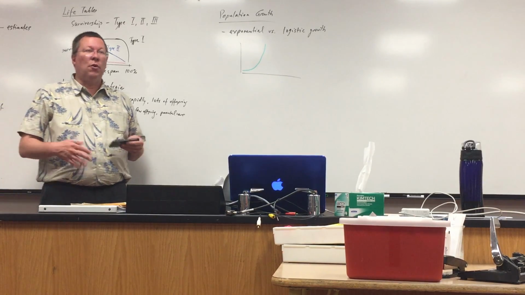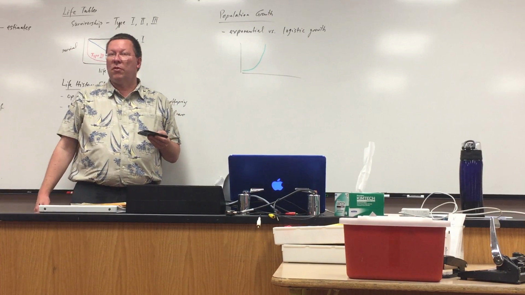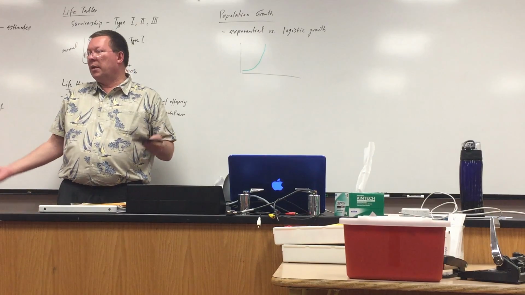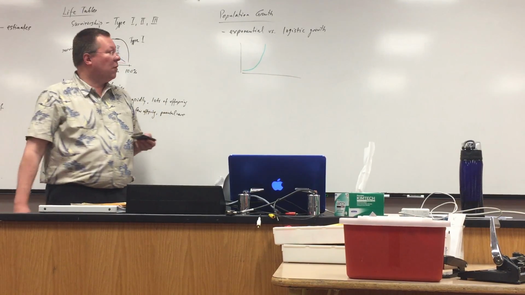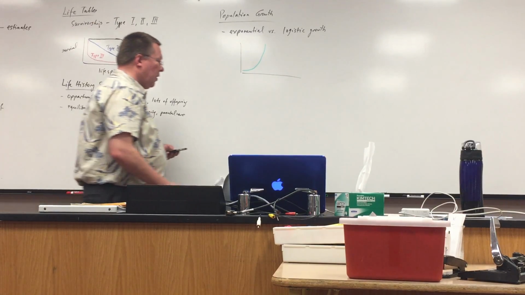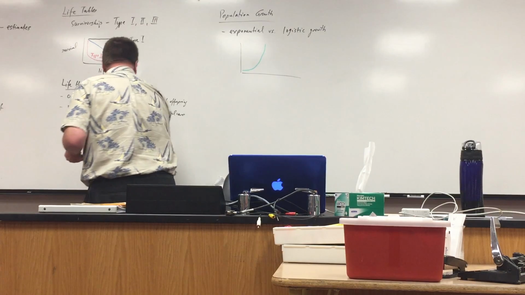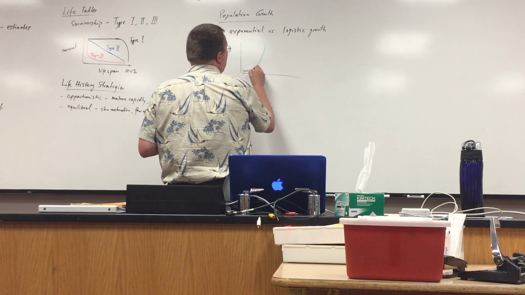I mean, if there were no environmental features that would influence the growth of a population, then the human population or the insect population or the bacterial population would have covered the earth several times over. But there always are things that occur. And when these things occur, then you find that the exponential growth turns into logistic growth.